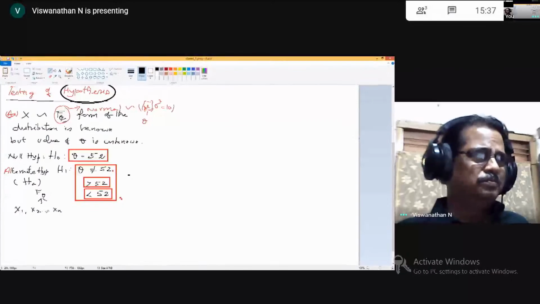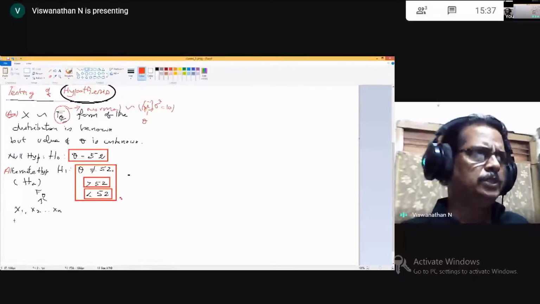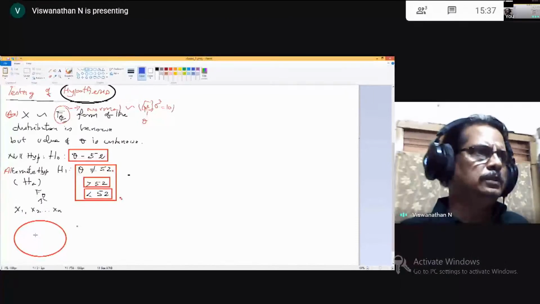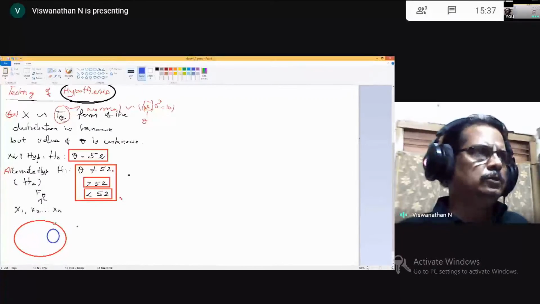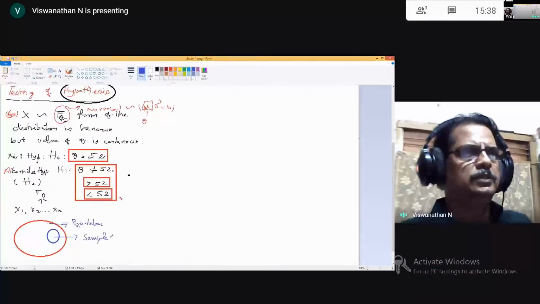That means we have a population which is bigger in size. This is my population, and now I have a sample which is relatively small. This is my population, and this is my sample.